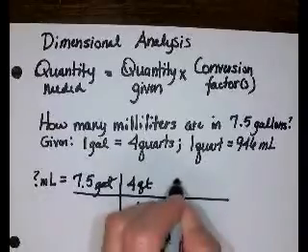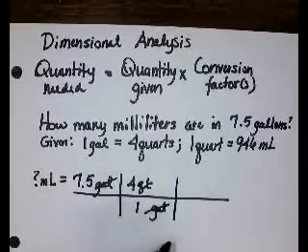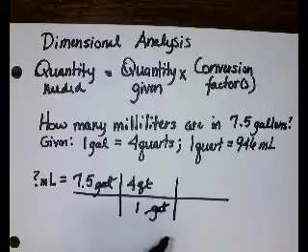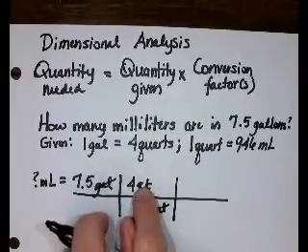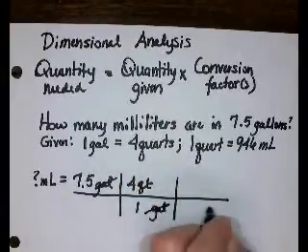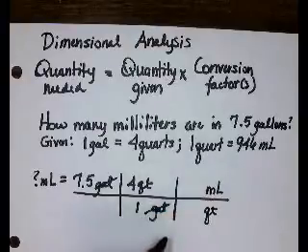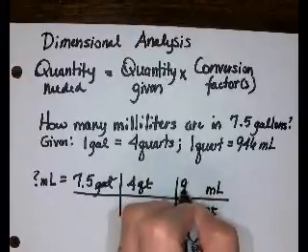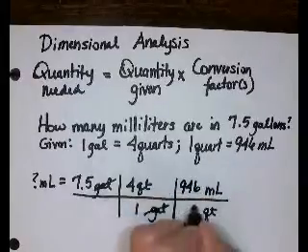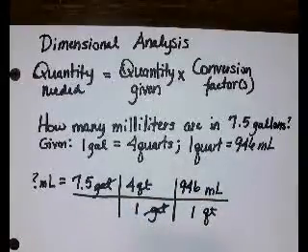I look back at my problem statement, and I am also told that there are 946 milliliters for every 1 quart. Quart is in the numerator here. I need to put quart in the denominator and milliliters in the numerator. I need to be careful that I keep the numbers associated with the correct unit.